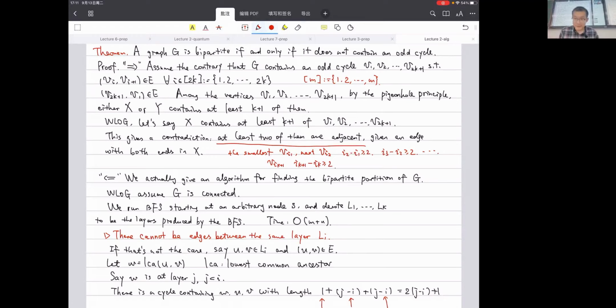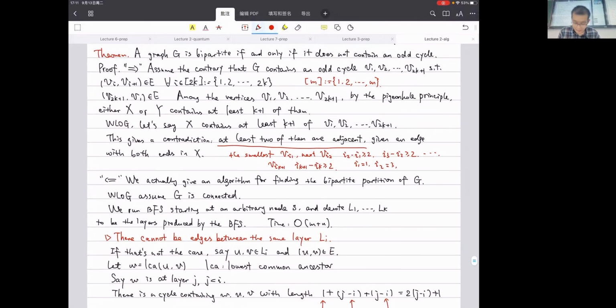The only way to make this possible is I1 equals 1, I2 equals 3, and so on. On the other hand, the upper bound of the i's here is 2K plus 1.